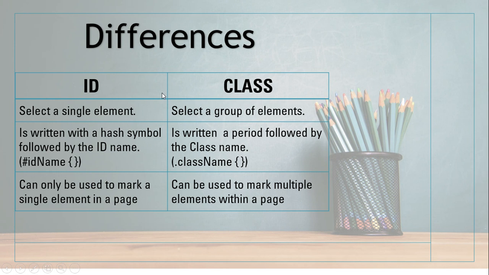On the other hand, classes allow me to select a group of elements, are written with a period followed by the class name, and can be used to mark multiple elements within a page.